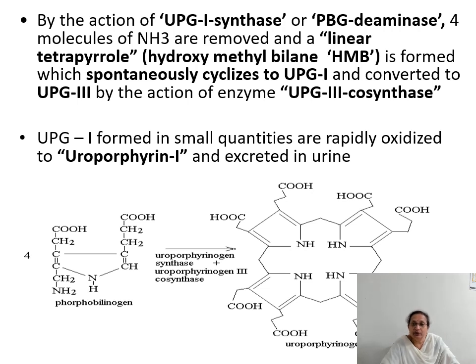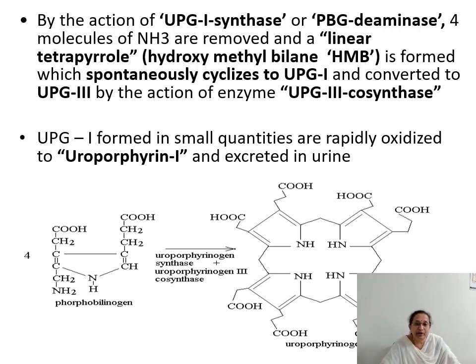And this UPG1 is converted into UPG3 by the action of another enzyme, that is UPG3 cosynthase. These Roman numerals are very important. The molecules containing the first Roman numeral are useless, which do not have any biological function in the body. Only 3 isoforms are important in the synthesis.